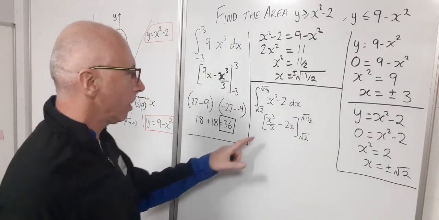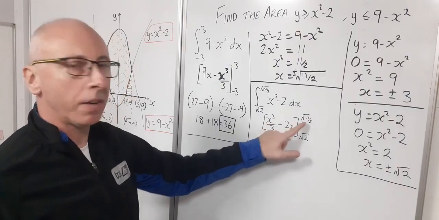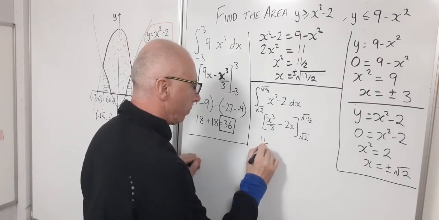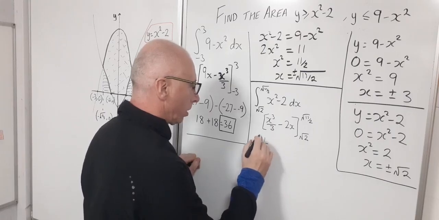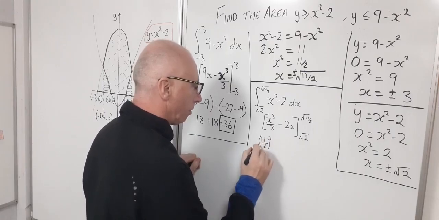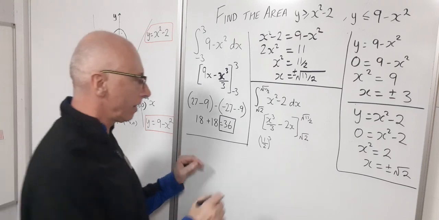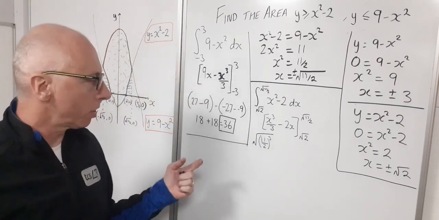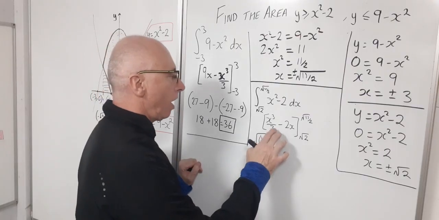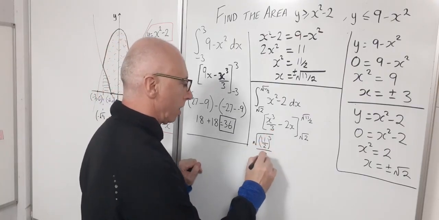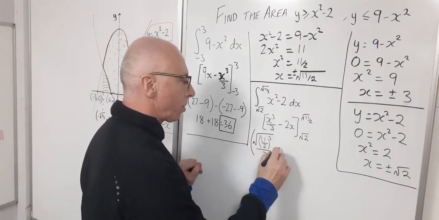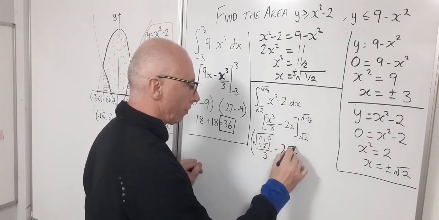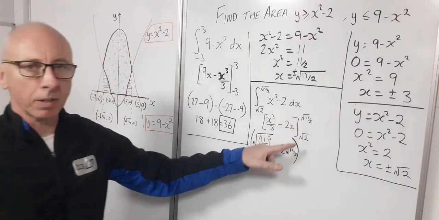When I've got square root of 11 over 2 cubed, I've got 11 over 2 cubed, but I've got the square root of that. I can put them inside each other, that'd be fine. That will get me to my result, and then I've got over 3. Then subtract 2 times square root of 11 over 2. So that's my upper bound calculated.